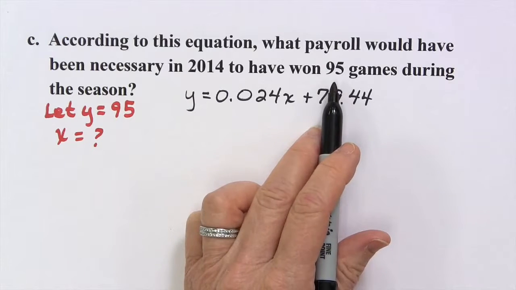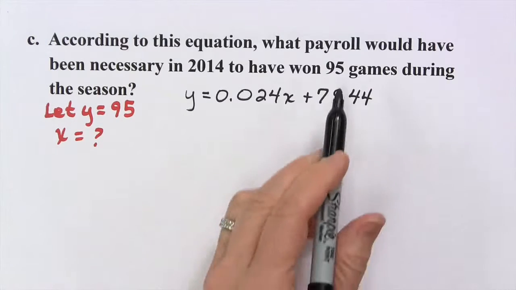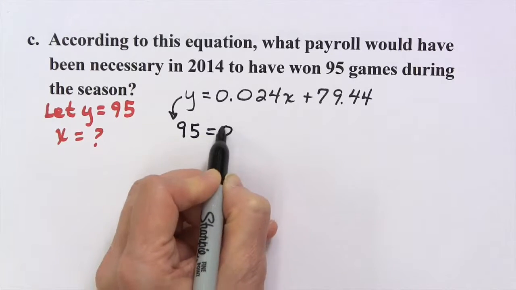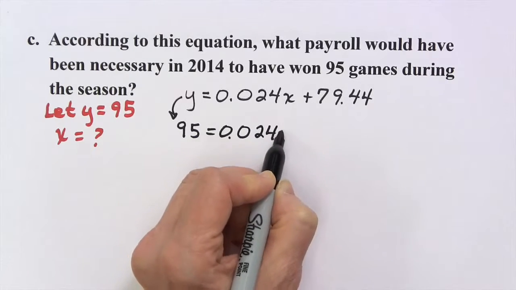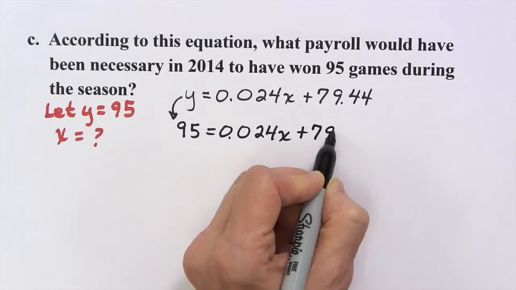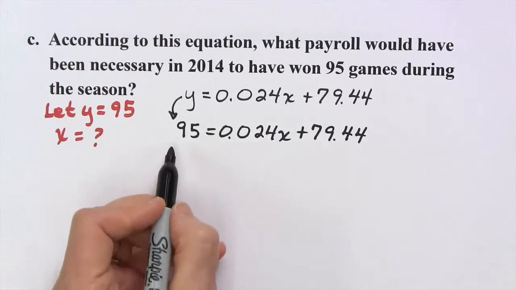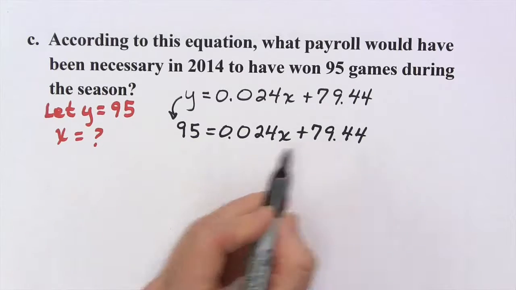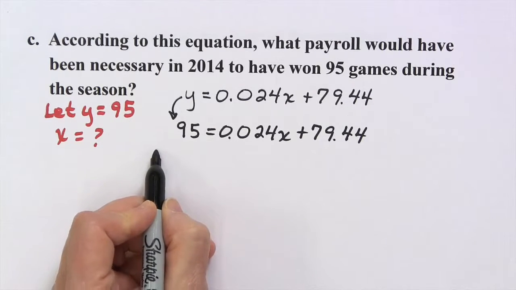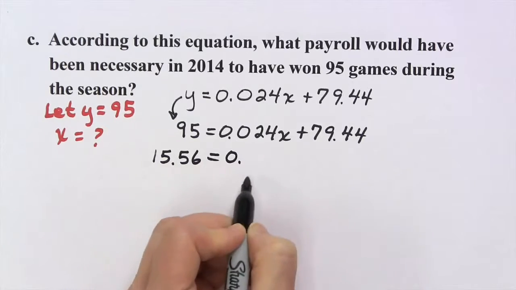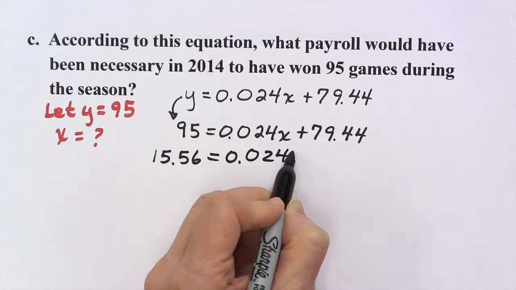So we'll let Y be 95. All right, so 95 is equal to 0.024x plus 79.44. I'll let you subtract 79.44 from both sides, and if you do so, you'll have 95 minus that, 15.56 equals 0.024x.